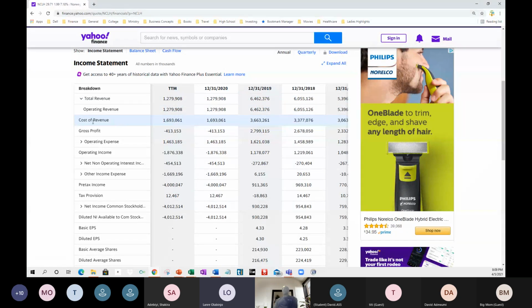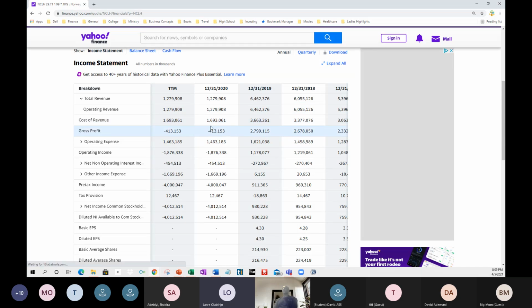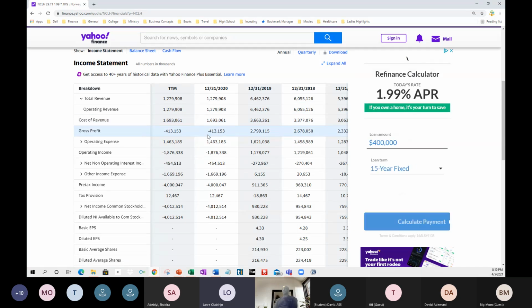Cost of goods sold, or here referred to as cost of revenue, 1.7 billion. So the gross profit is the difference between the sales and the cost of goods sold. Remember from the other PowerPoint. So the gross profit for them for last year is negative 413 million.